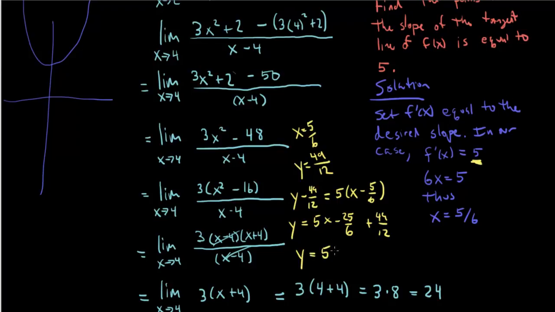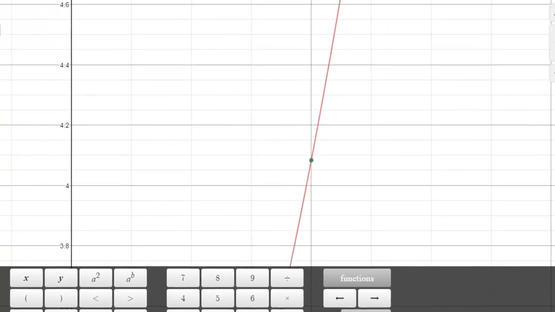Now 49 over 12 minus 25 over 6 equals negative 1 over 12. So there is the equation of my tangent line at the point x comma y. So y equals 5x minus 1/12. So let's go back over here.